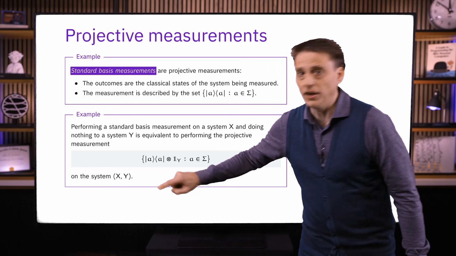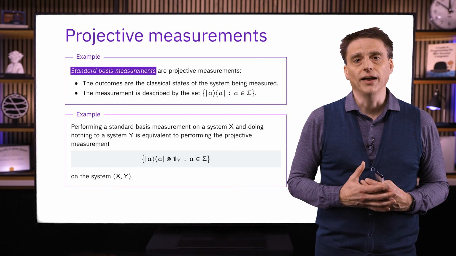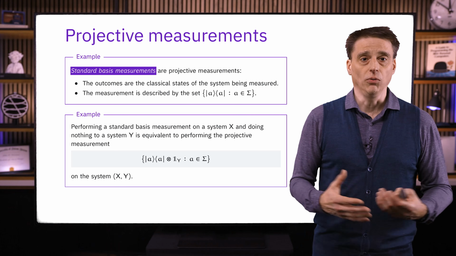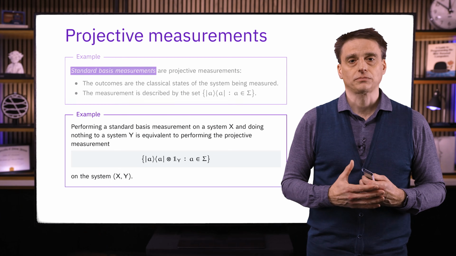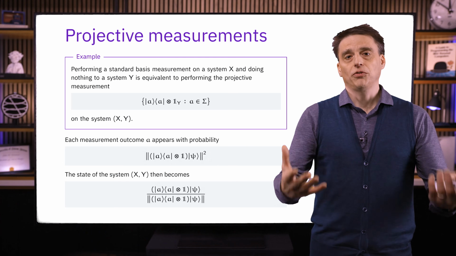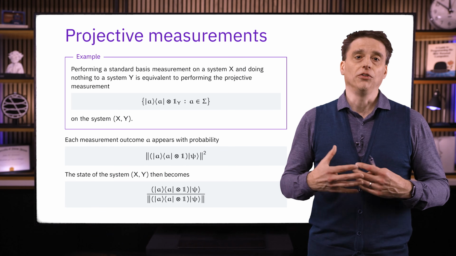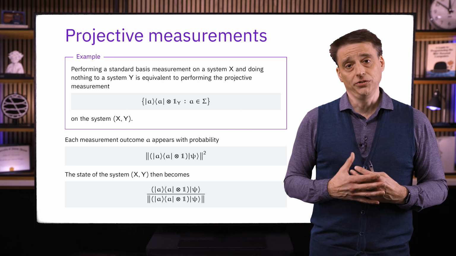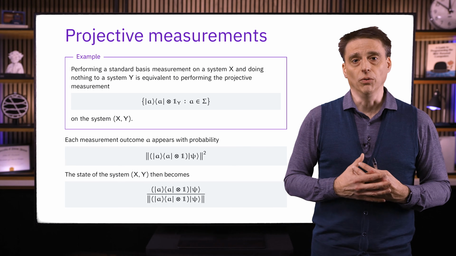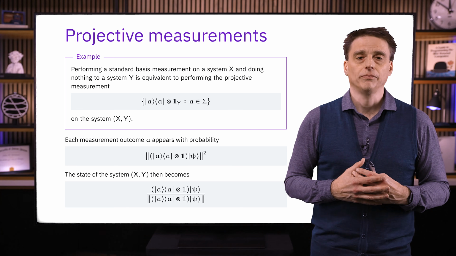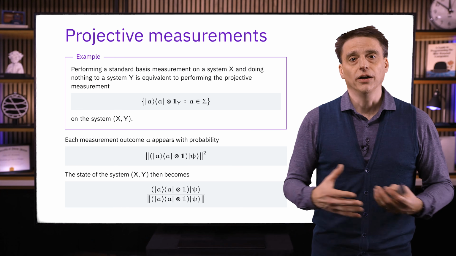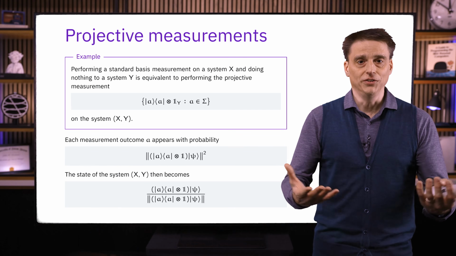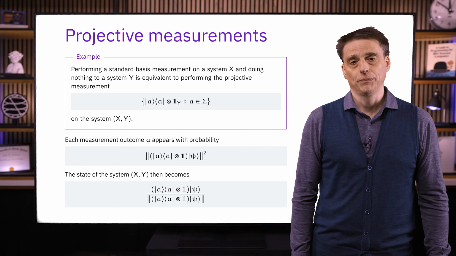We have these projections corresponding to the classical states of X, and we're tensoring with the identity on Y, which reflects the fact that we're not doing anything to Y. The description for how projective measurements work in general tells us what happens in this example, and I'll leave it to you to check that this is, in fact, completely equivalent to what we discussed in the previous lesson. This is all very nice because this projective measurement description is cleaner in a way, and we see that it fits into this more general picture.